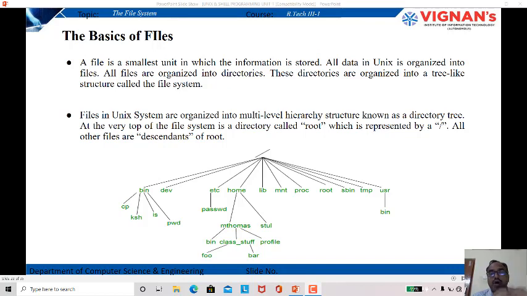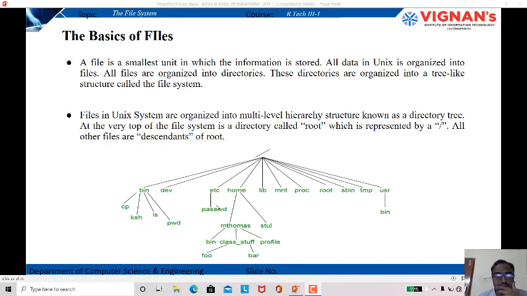At the very top of the file system, at the beginning of the file system, there is a directory called root, which is most probably represented by the forward slash symbol. All other files are descendants of the root.